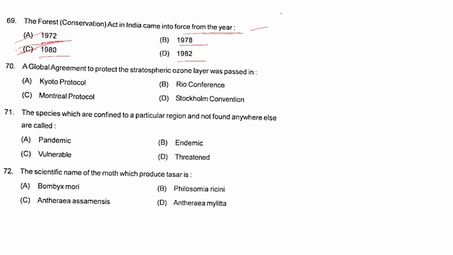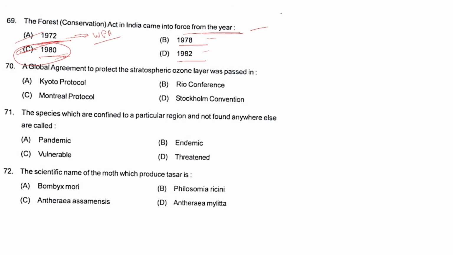That is, option C will be the right answer. Okay, what happened in 1972? 1972 is the Wildlife Protection Act. Then 1980 is the Forest Conservation Act. And there are no such acts present in 1978, 1982 as such.